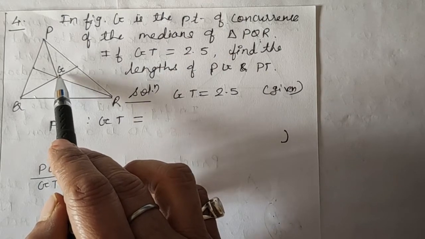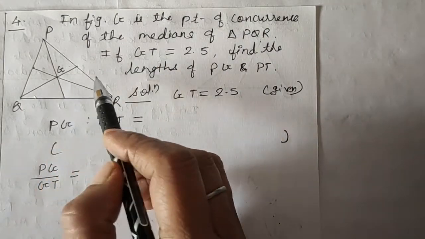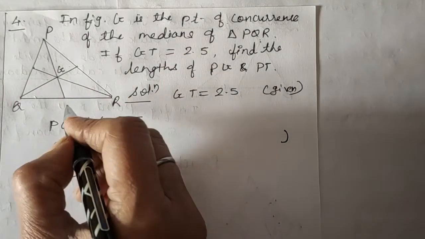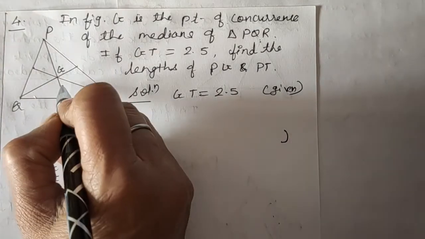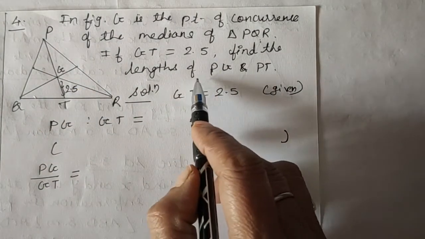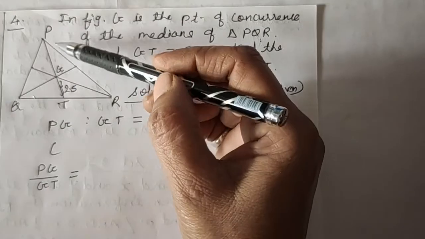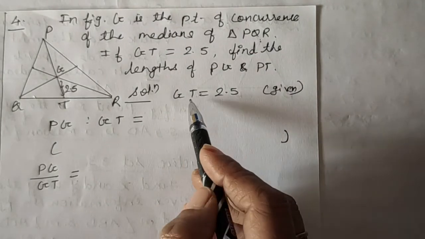This point is called the point of concurrence of triangle PQR. And GT is 2.5, and you have to find the lengths of PG and PT.